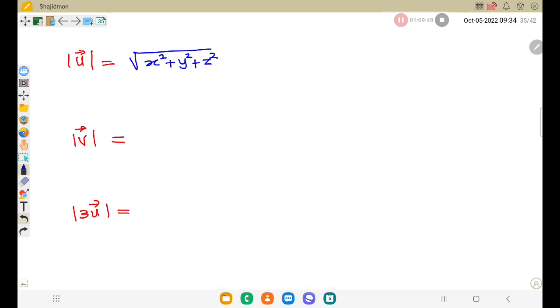The u vector x component is minus 2, so root of minus 2 power 2 plus y component minus 1 power 2 plus 0 power 2. That means root of 4 plus 1 plus 0, so root 5.